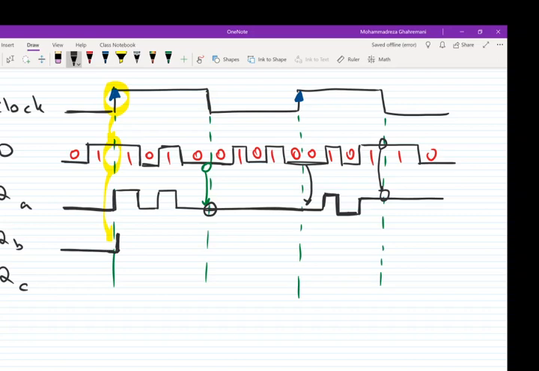And unlike the latch, this output will remain constant until the next rising edge. Where is the next rising edge? Is here. So until the next rising edge, the output is constant, no matter what changes are happening on the input.